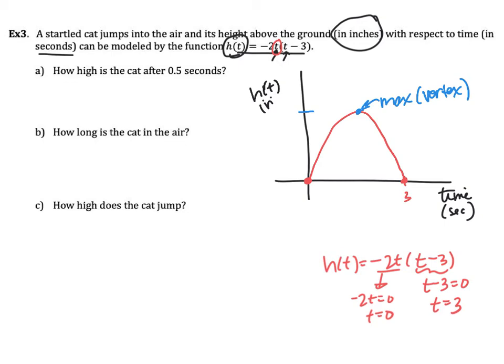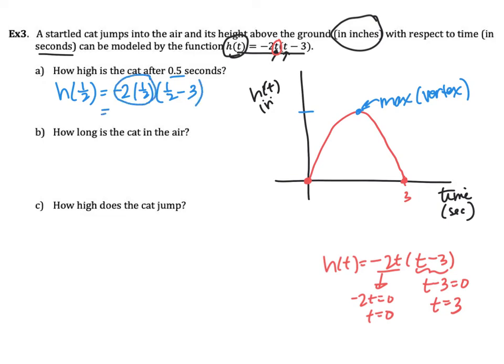So let's look at the questions now. It says, how high is the cat after 0.5 seconds? Well, we're just going to put in 1/2 for t. So it's negative 2 times 1/2 times 1/2 minus 3. If you want to put in 0.5, that's fine.